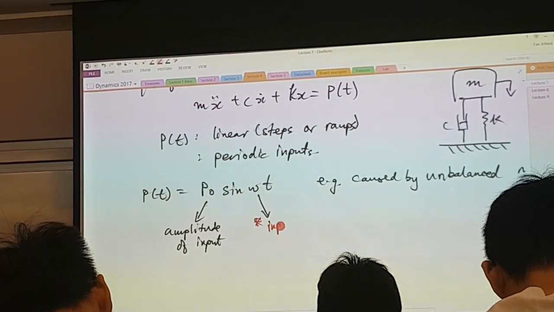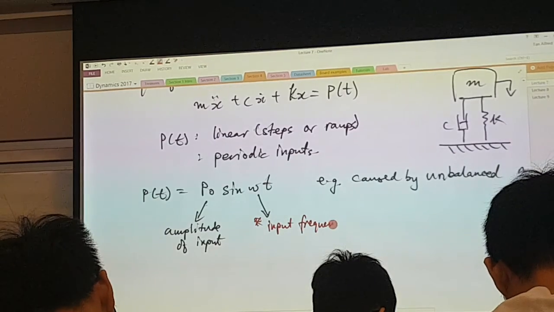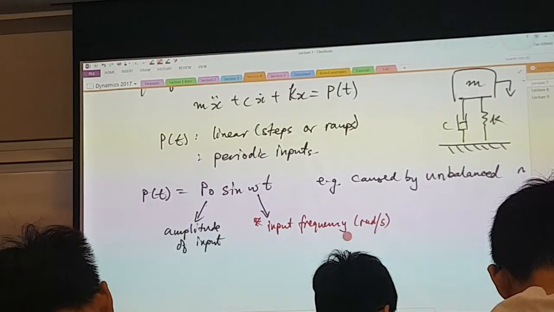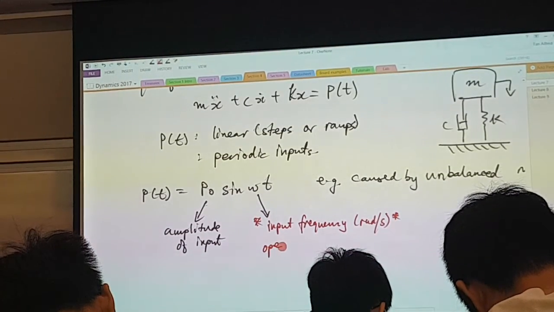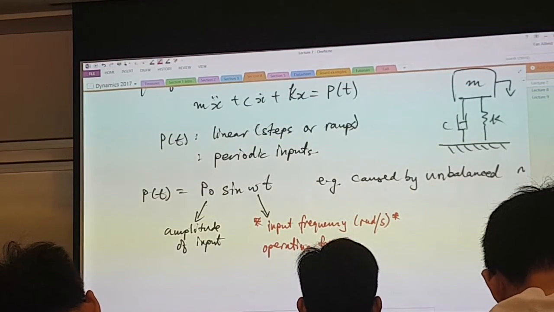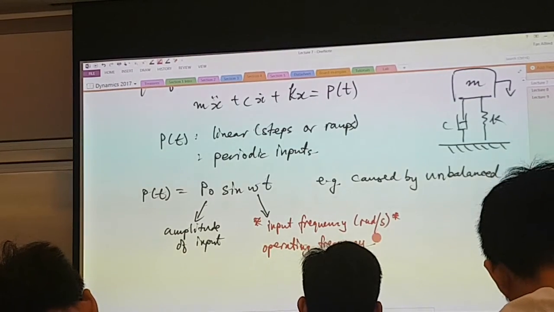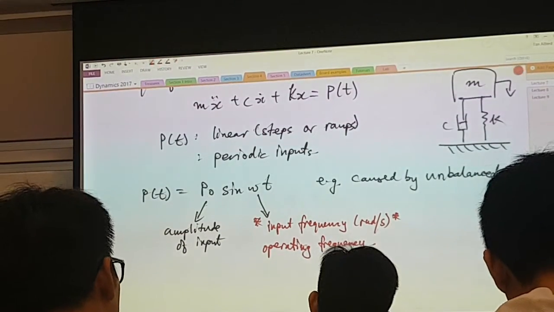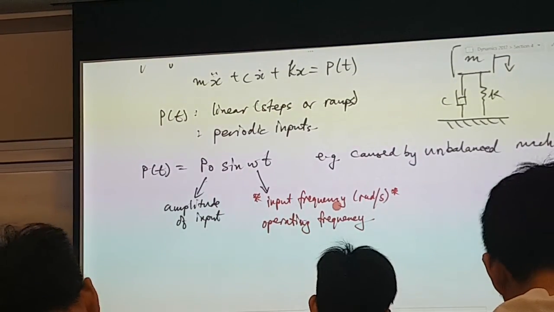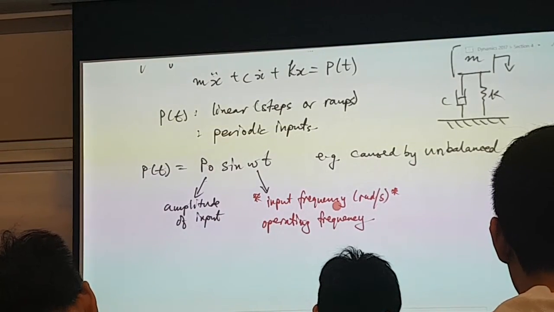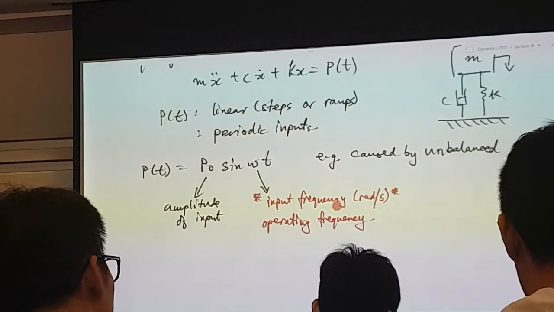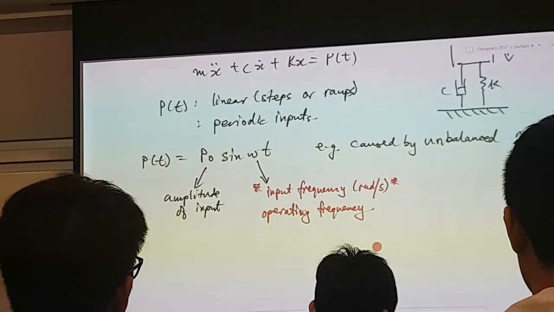This is input frequency, in radians per second units. Or in certain textbooks, you can also hear it as operating frequency. So please note that if you see omega, that omega means this is my input frequency. Input frequency means that is the force frequency, the periodic force frequency that you insert into the system.